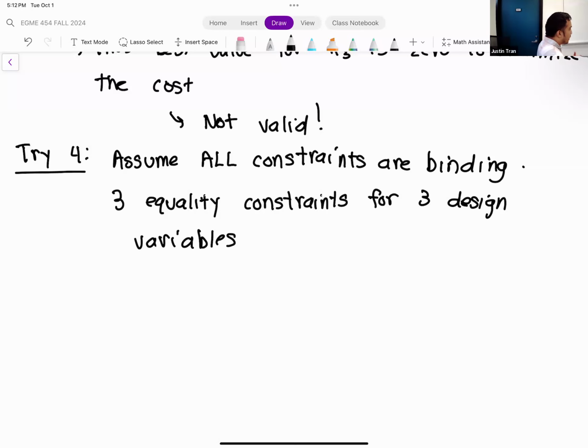In this case, we have what's called a trivial solution. If you have the same number of equality constraints as design variables, the objective function doesn't even factor in, because all three design variables are going to have their values specified by the constraints. The objective function is moot at this point because we don't have any degrees of freedom.